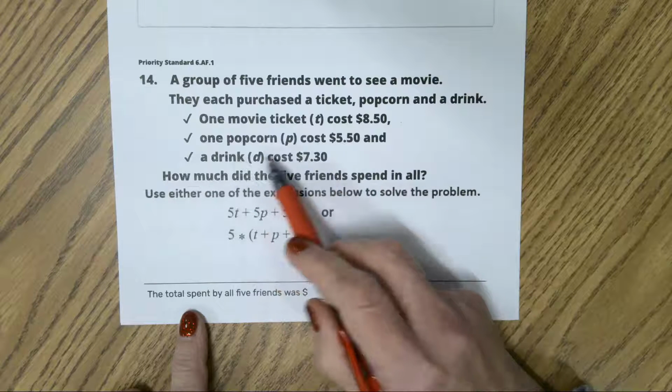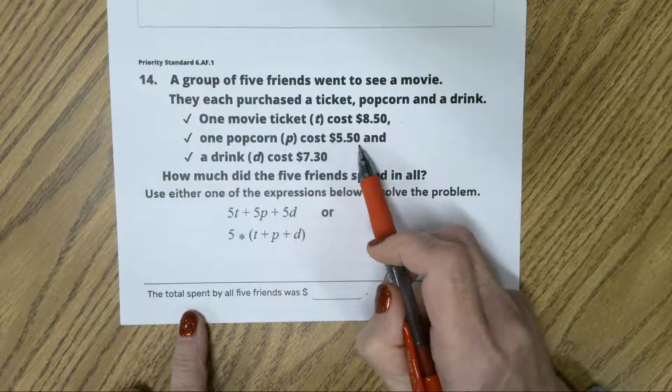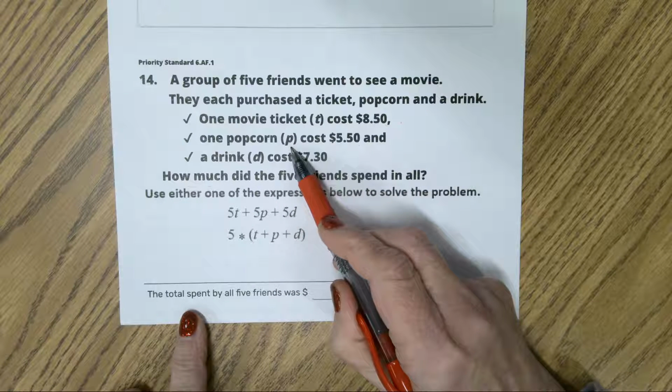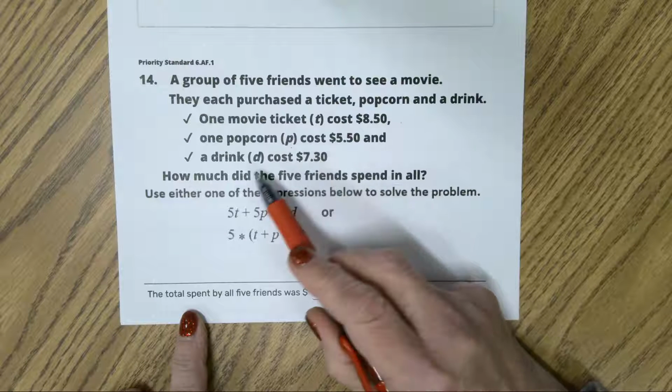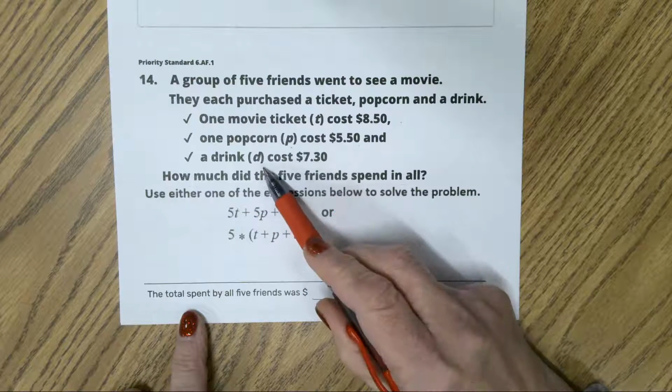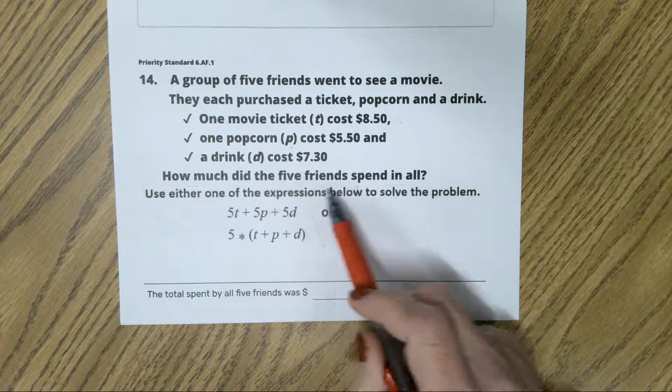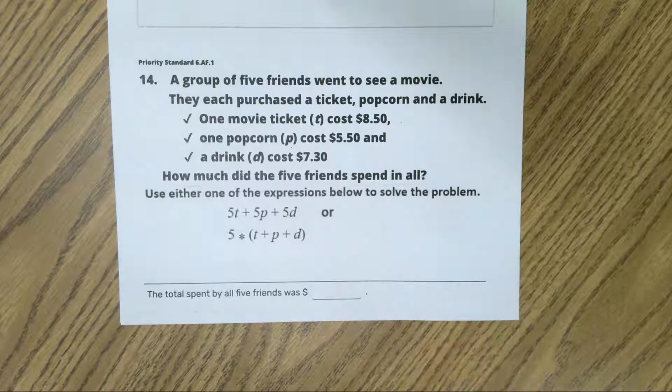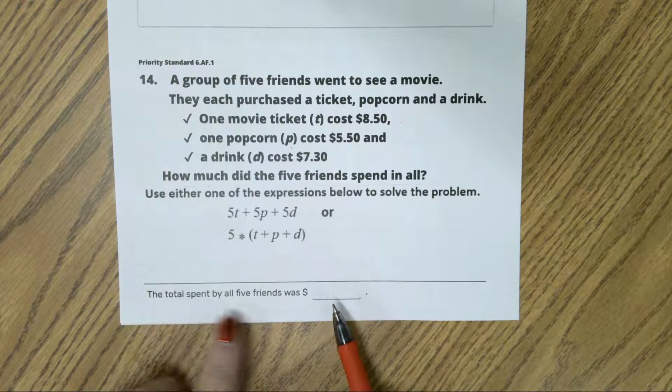One popcorn costs $5.50, and they're going to use the variable P for that. A drink D costs $7.30. Okay, it says, how much did the 5 friends spend in all? Use either one of the expressions below to solve the problem. And then you have to write down the total spent by all 5.